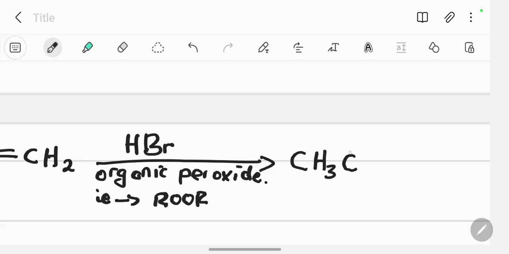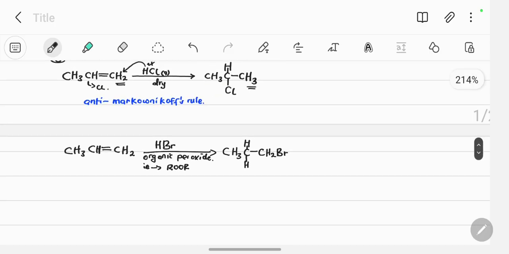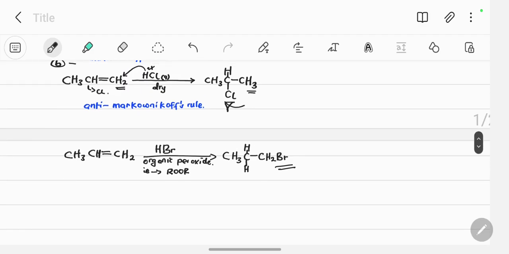So the one with the least number of hydrogen atoms is the one that gets the hydrogen. The one with the greatest number of hydrogen atoms instead is going to harvest the halogen there. I think the halogen is here, and for Markovnikov, the halogen is there.